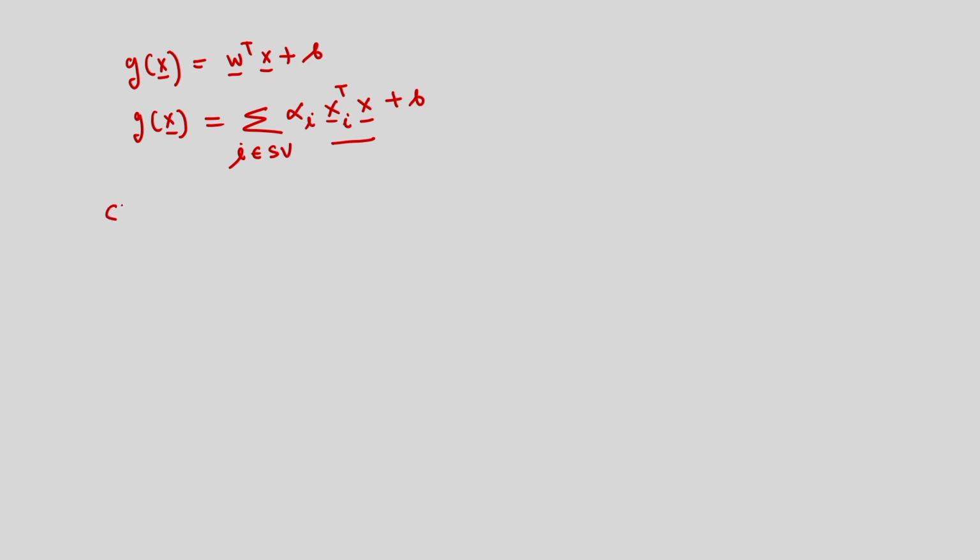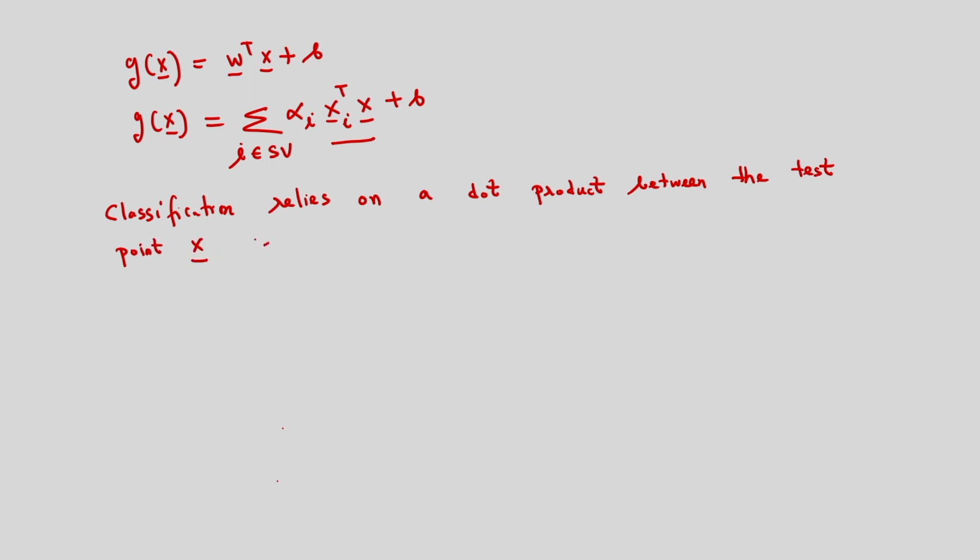So the classification relies on a dot product between the test point x and the support vectors xi.